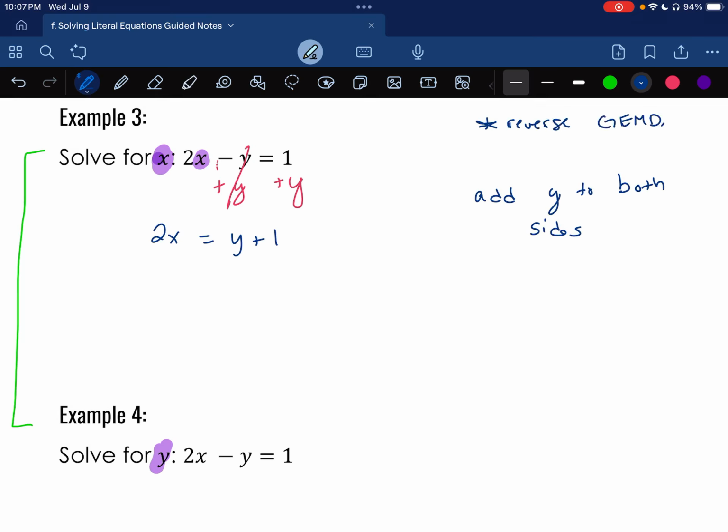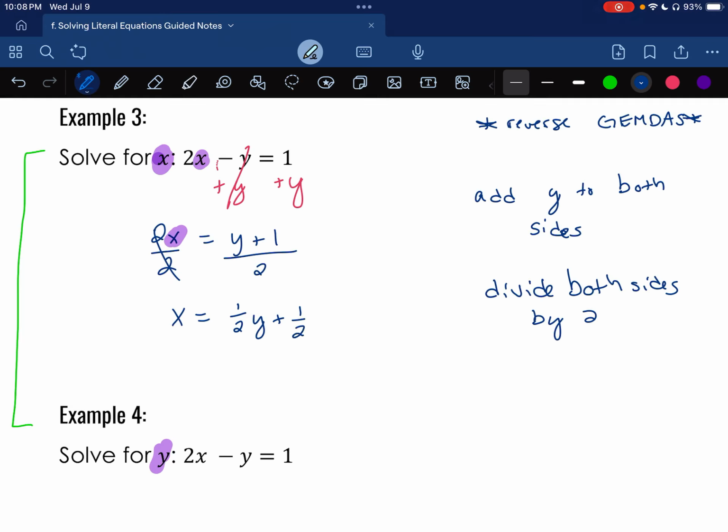Alright, well now x still is not alone, so we need to divide both sides by 2 to cancel that out. And so we'll have 1/2 y plus 1/2, or you could have left it like how it was before, whatever your teacher's preference is.